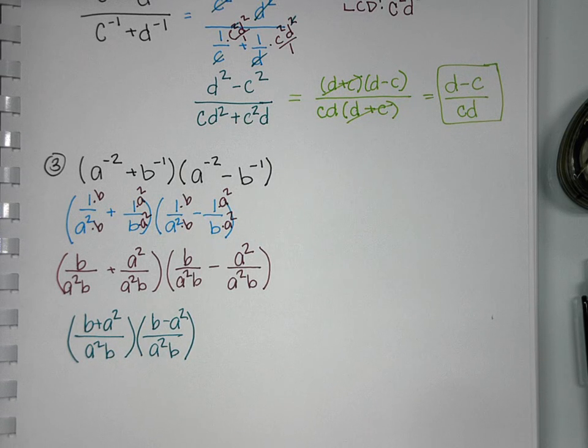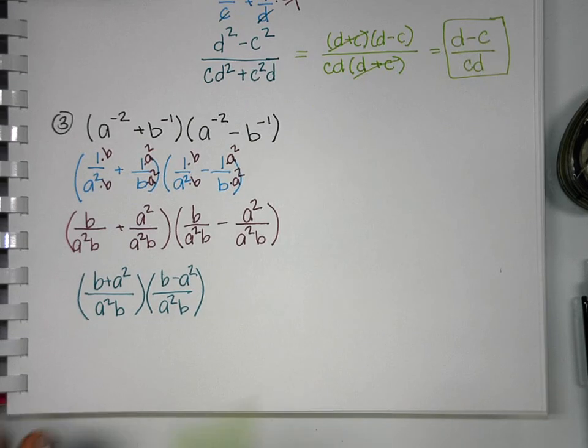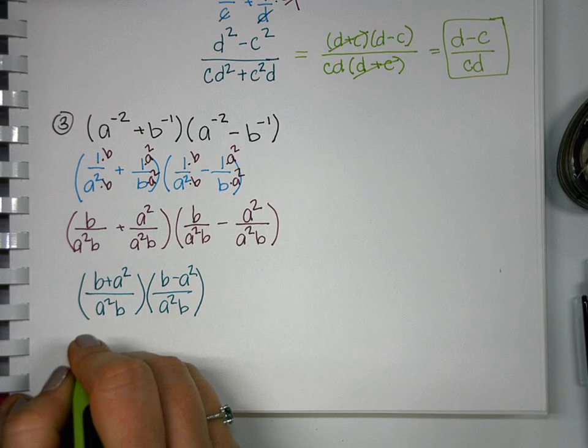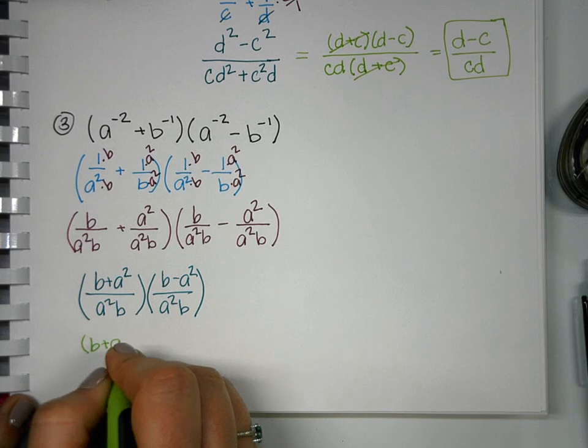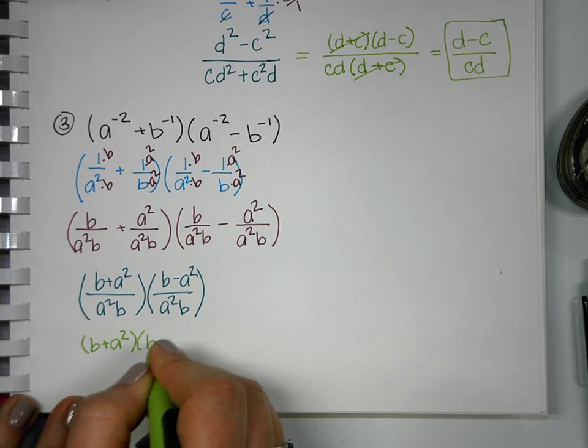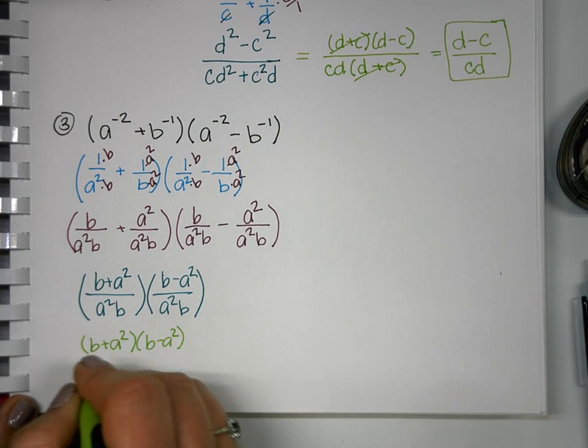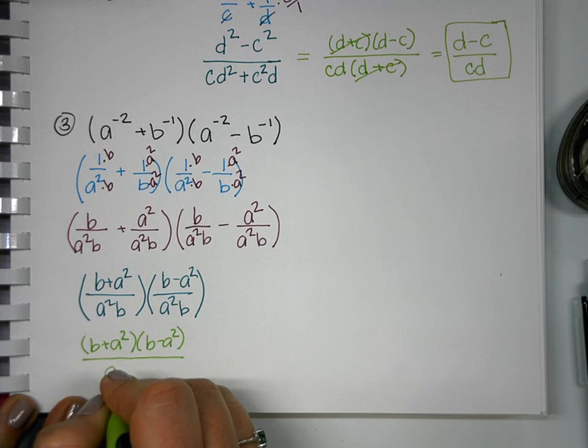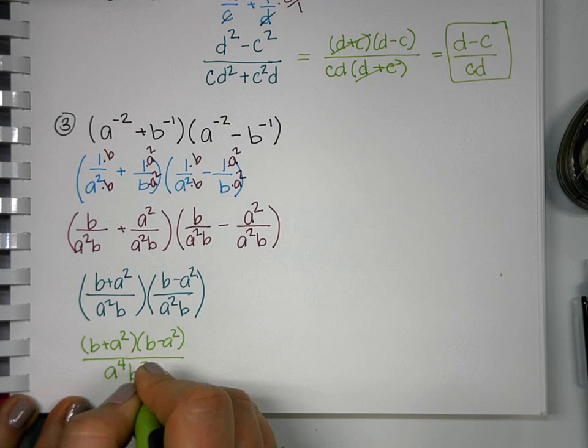So this one, because we're multiplying them together, now you just multiply them straight across. So we'll take the numerators, b plus a squared and b minus a squared, multiply those. On the bottom, a to the 4th, b squared.